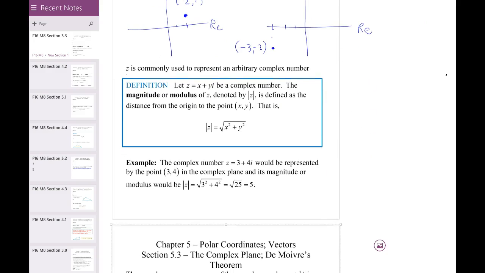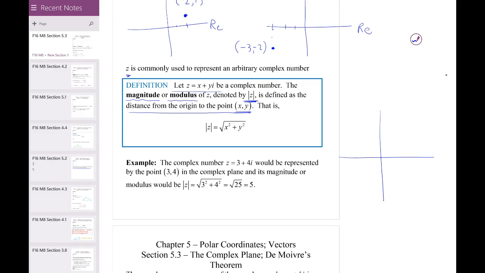So the letter z is commonly used to represent an arbitrary complex number, just any old generic complex number. So suppose z equals x plus yi is some complex number. Then we define something called the magnitude or the modulus of z, and we use absolute value notation. And it's the distance from the origin to the point.